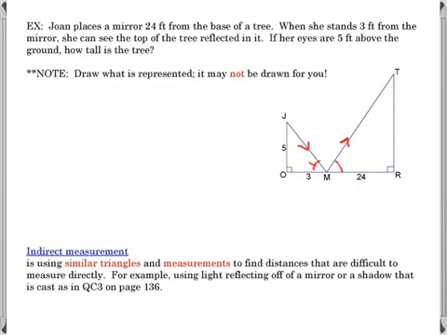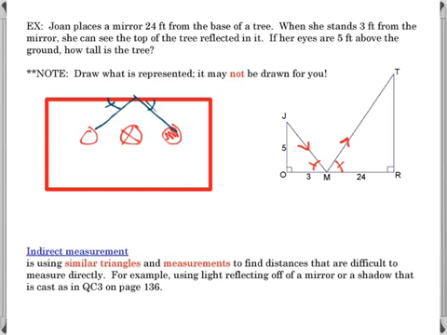Alright, so here's an example, and we need to talk for a second about a little bit of physics in terms of how they work. We have a mirror from the base of a tree. Okay, here's my mirror. We're talking about light rays that are coming in, coming out. We're looking at the top of the tree. And then this is supposed to be like a pool table.